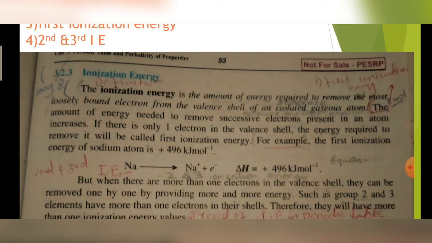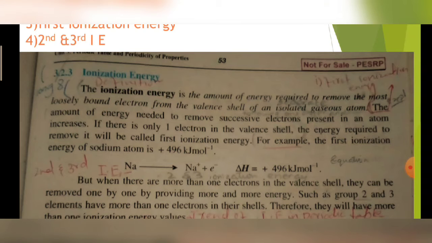And listen girls, there is more than one ionization energy. We know that first group elements contain 1 electron in their outer shell, second group contain 2 electrons, and third group contain 3 electrons in their outer shell. All these are metals, and they tend to lose electrons and gain positive charge. When we remove the electron from first group elements, because they have 1 electron, the energy is called first ionization energy.